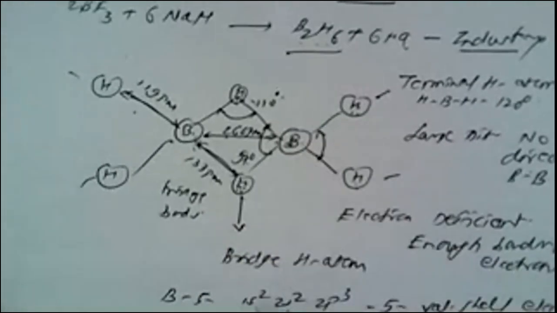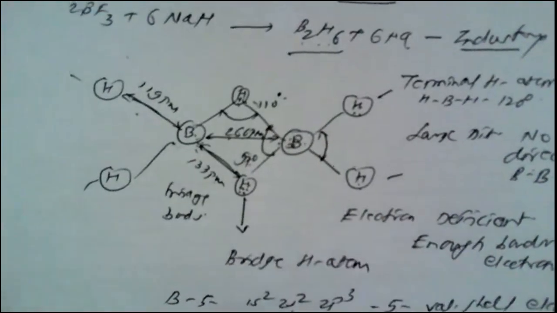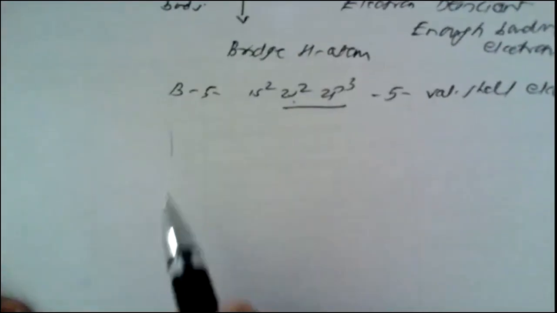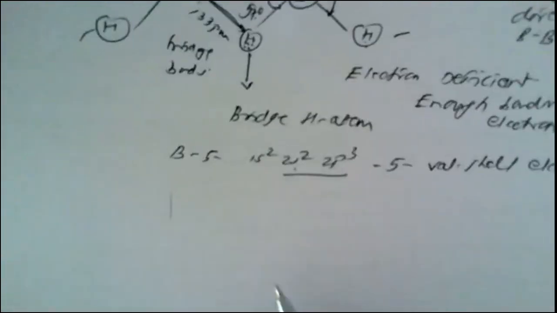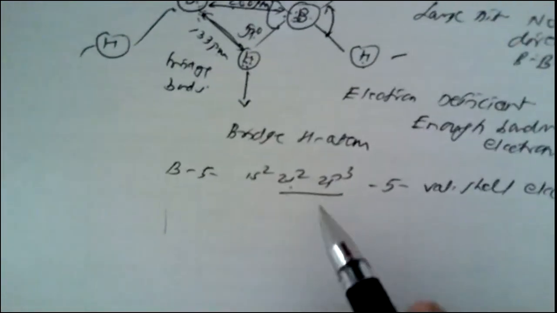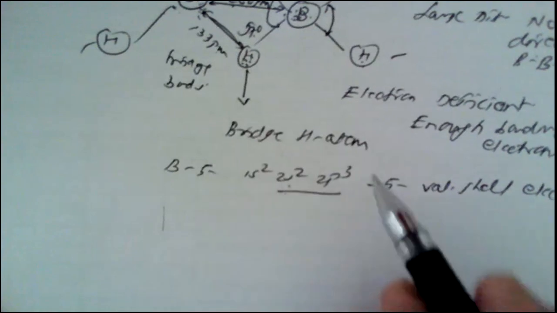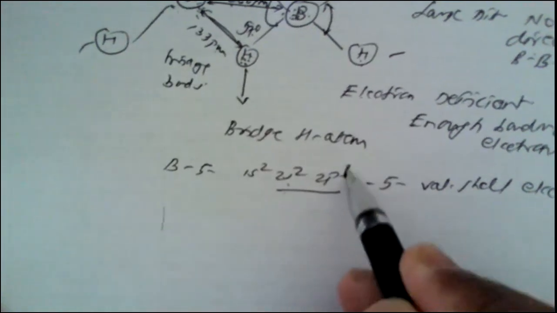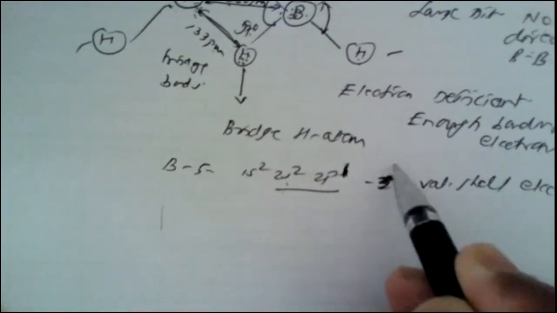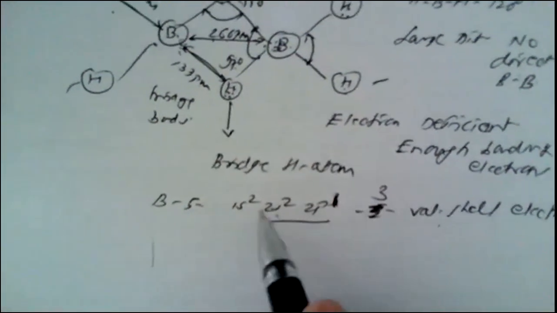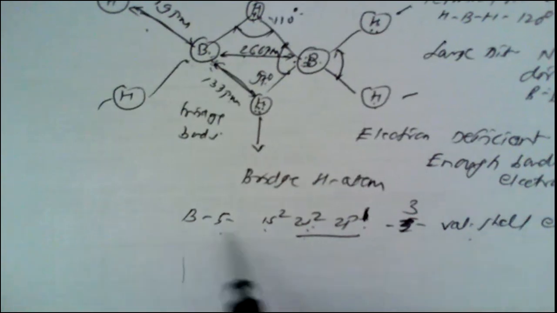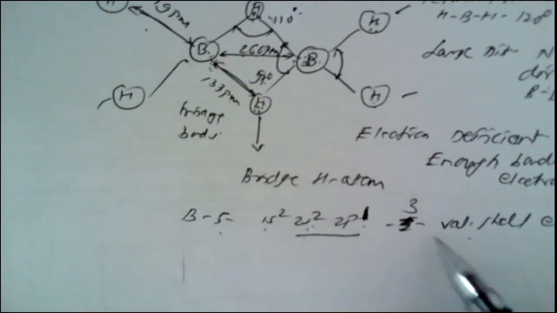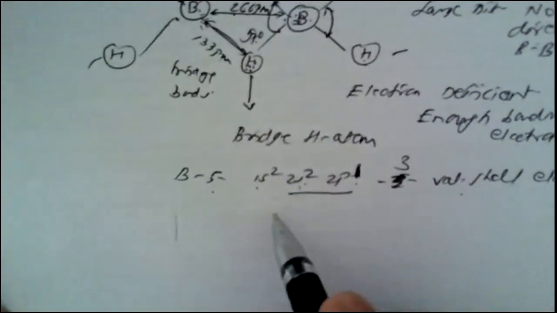Here I will draw the electron structure of the two boron atoms and hydrogen atoms, showing only the 2s and 2p electrons. 3 valence shell electrons are there because this is a group 3A element. So 1s2, 2s2 and 2p1. The total number of electrons is 5, so 3 valence shell electrons are there.